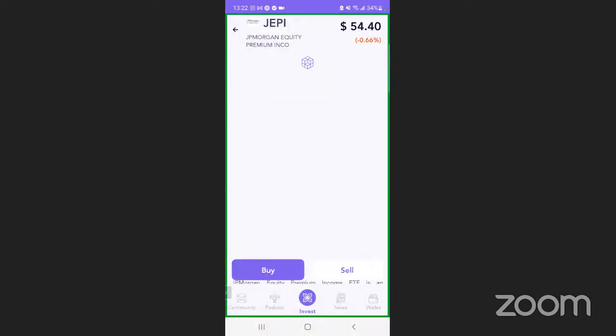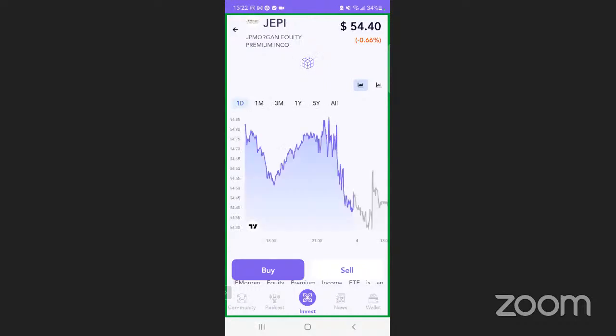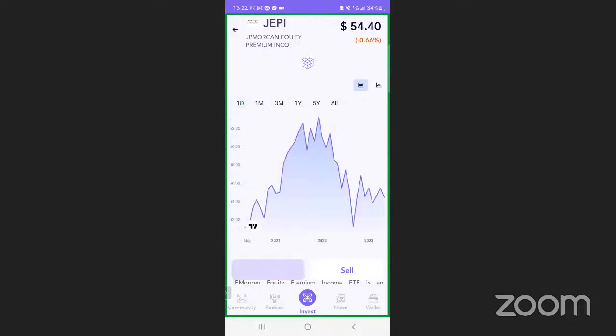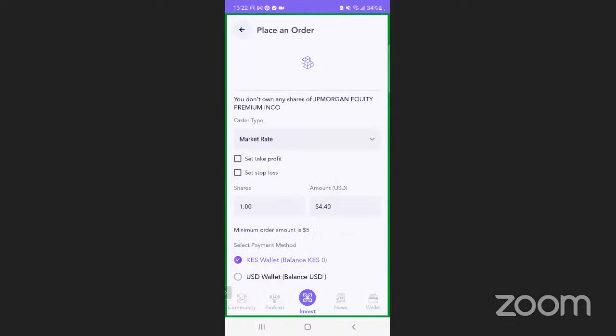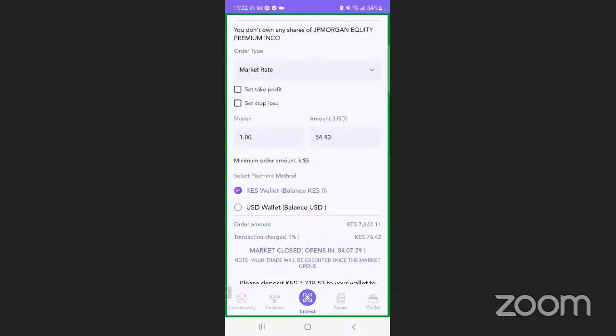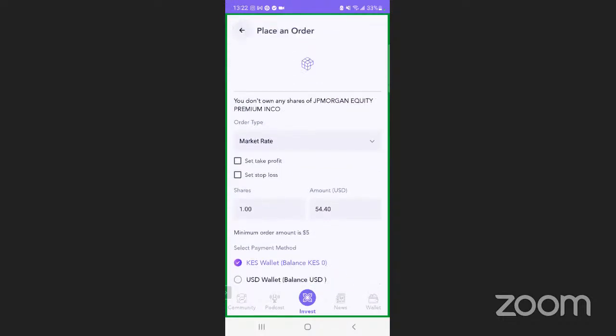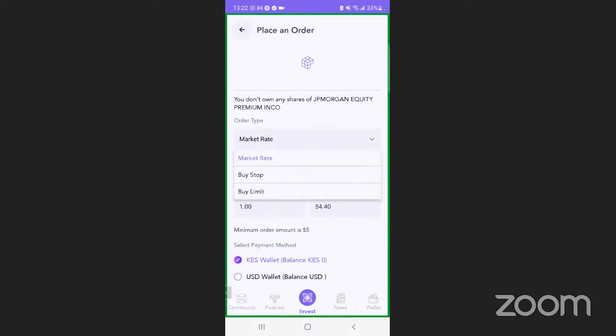So that's the JP Morgan Equity Premium Income ETF. And then you can just buy normally, as you would buy stocks. So let me click on buy. When you're buying, just click on market rate. You can use market rate, buy stock, buy limit, any that you want.